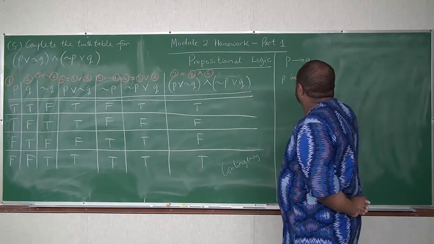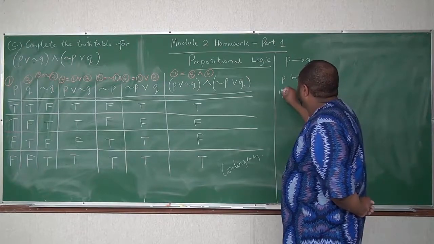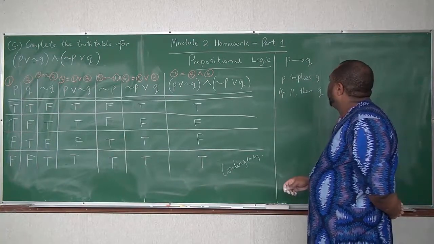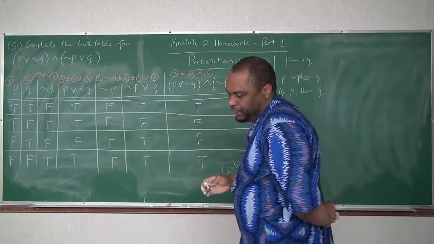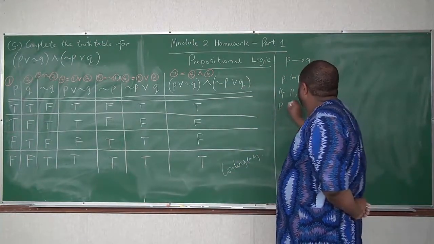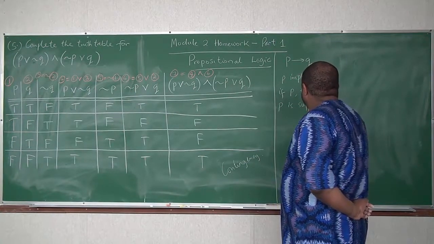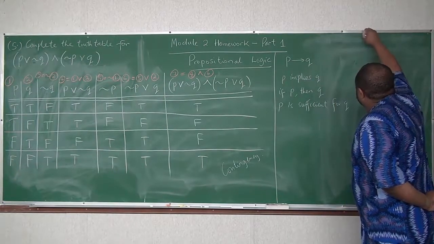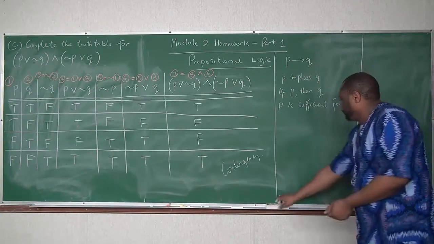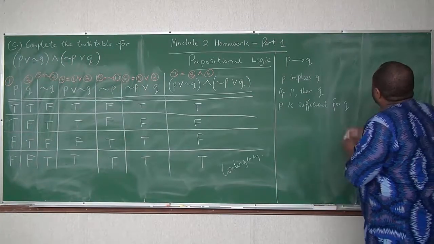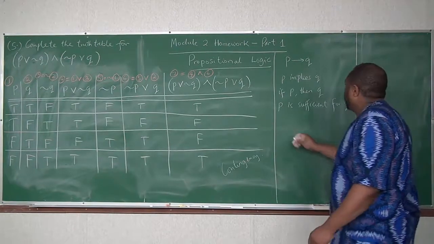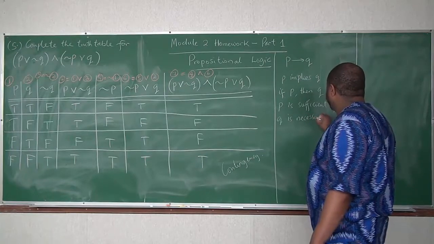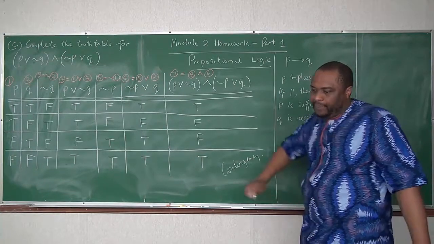P implies Q. If P, then Q. P is sufficient for Q. Q is necessary for P. Sufficient conditions and necessary conditions. These are all the forms it could take.